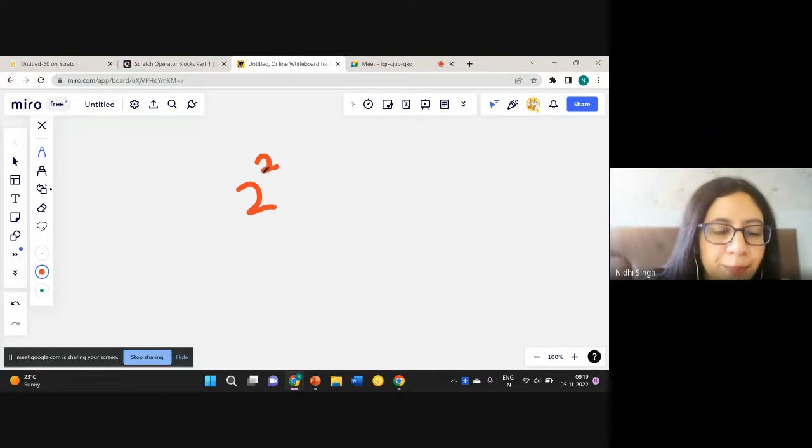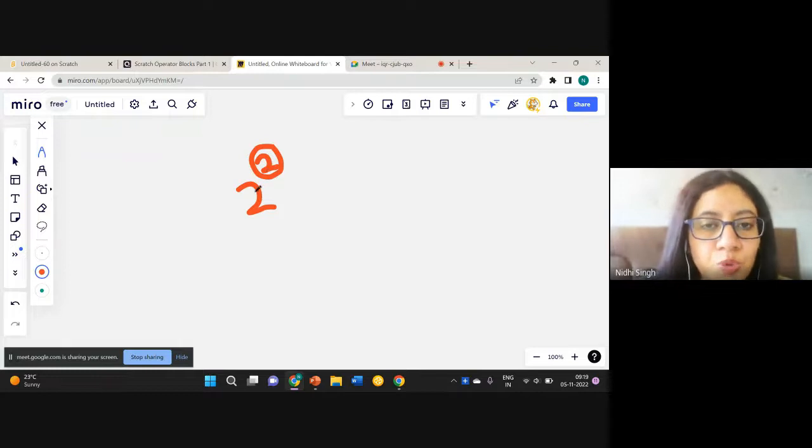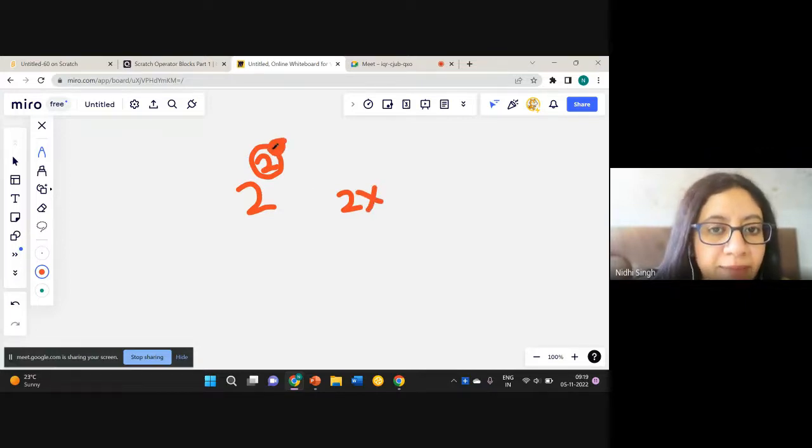The small number which comes on the top of your number is your power. What does 2 power 2 mean? It means how many times we are multiplying the same number, so 2 with itself, 2 times. This is 2 times 2.